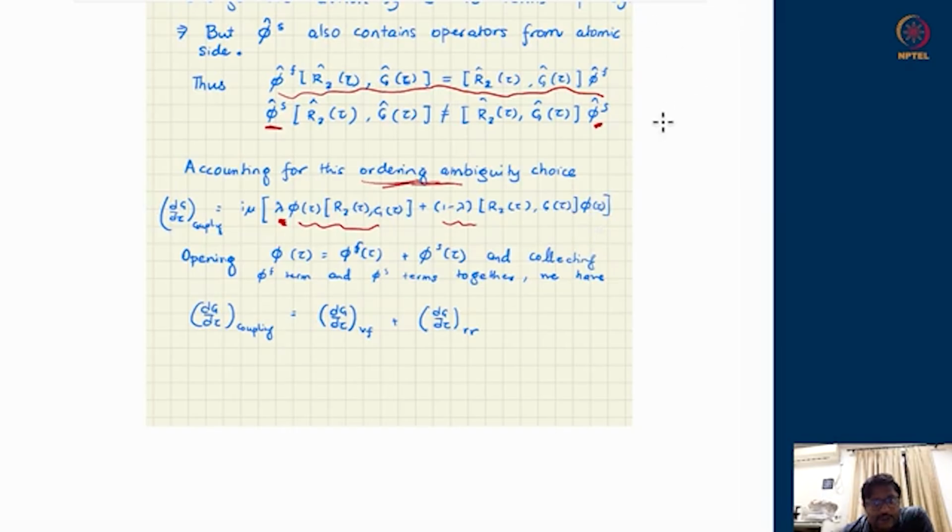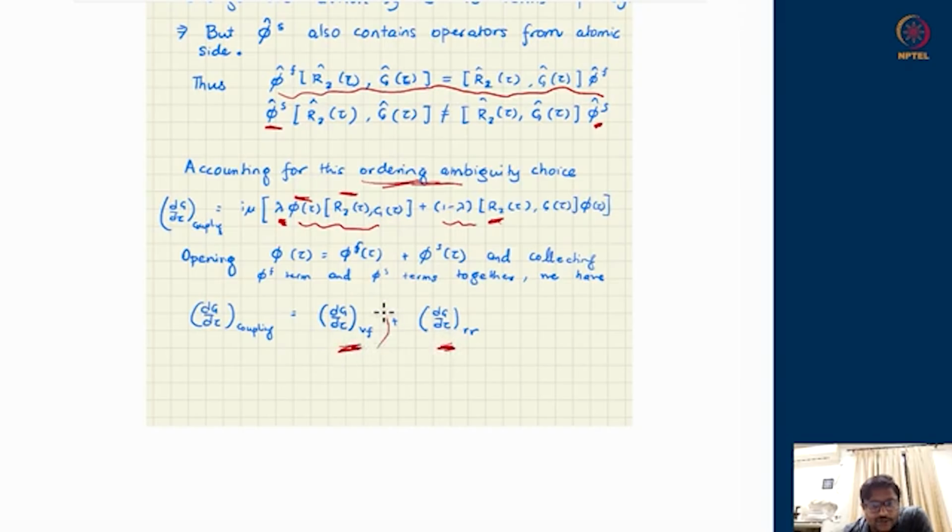Okay. So now again do the same game again, that if I open phi as phi f plus phi s, open this thing as R2 free plus R2s, and all the operators over here, then you will find out that the dG of tau, the coupling term, also splits in two portions.